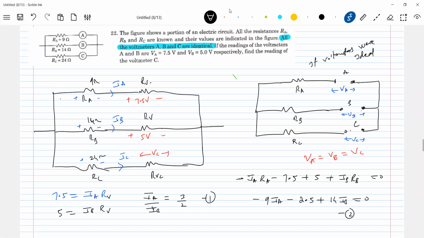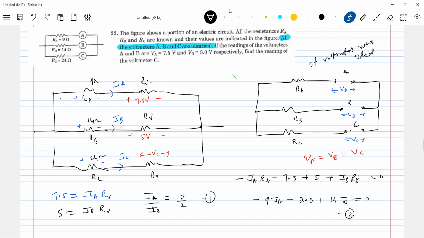Once I know IA and IB, I'll calculate RV. After knowing RV, I'll apply KVL to get IC.